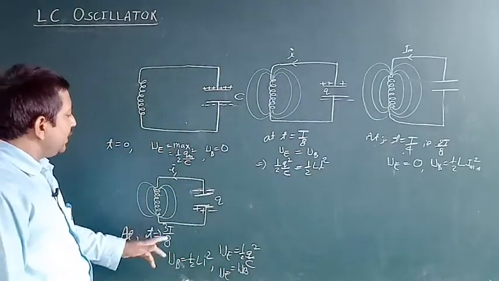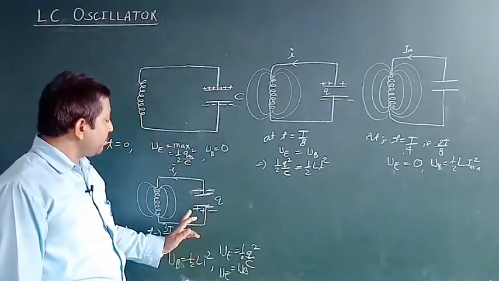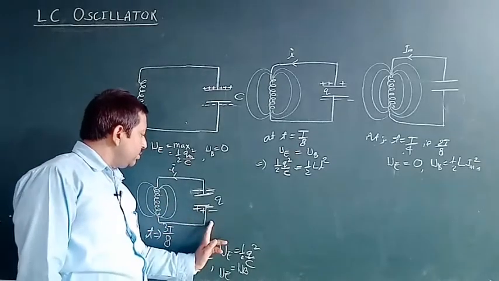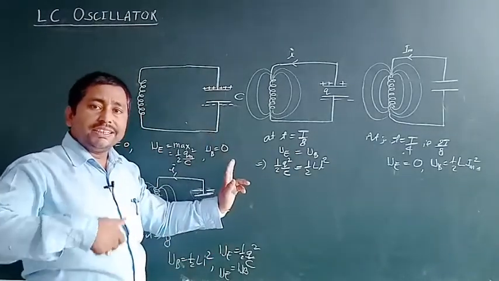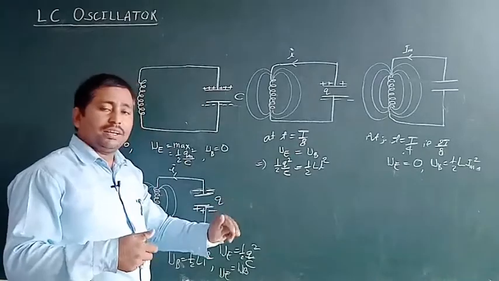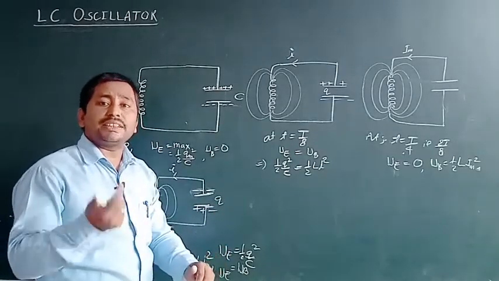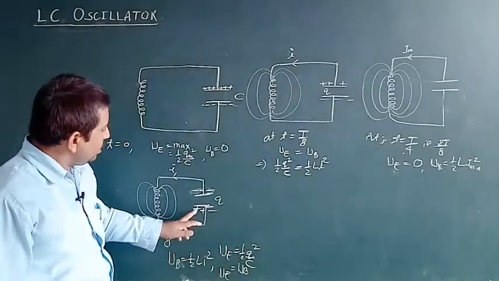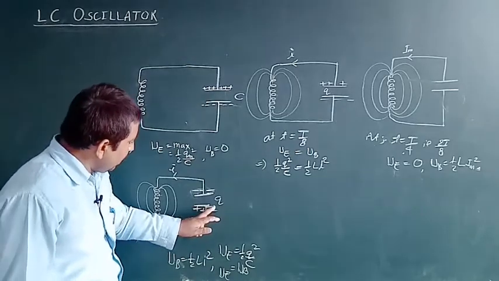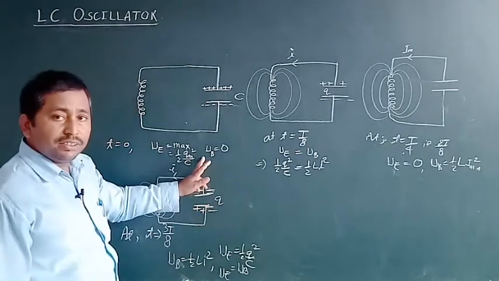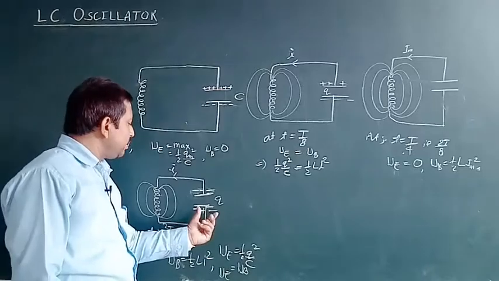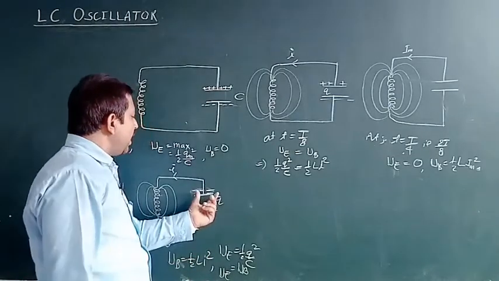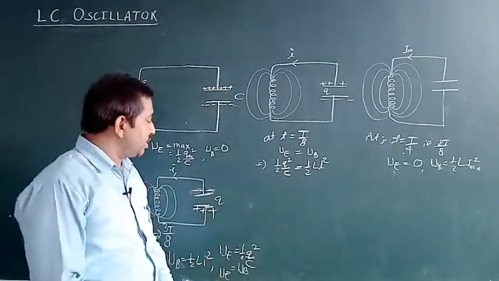When current is flowing through the capacitor and it is charging, the terminal from where the current enters the capacitor becomes positively charged and the other terminal becomes negatively charged.